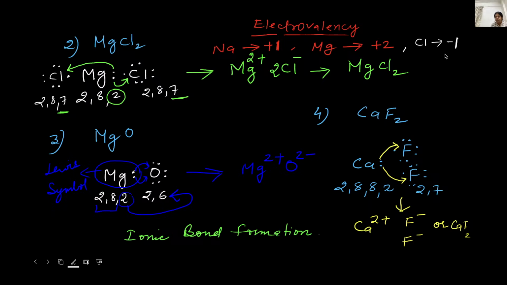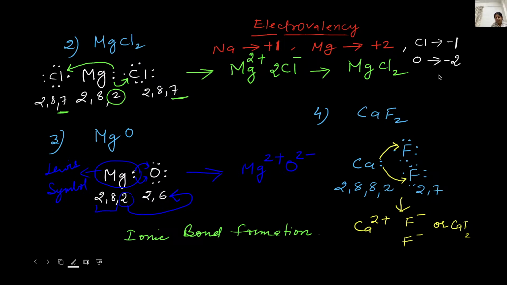Is it right? Okay. Now see the electrovalency of oxygen atom. What is the electrovalency of oxygen atom, students? See, in the example of magnesium oxide that we have written here, the electronic configuration of oxygen atom is 2,6. It needs 2 more electrons to complete the octet, and in order to gain 2 electrons, it will acquire 2 negative charges.